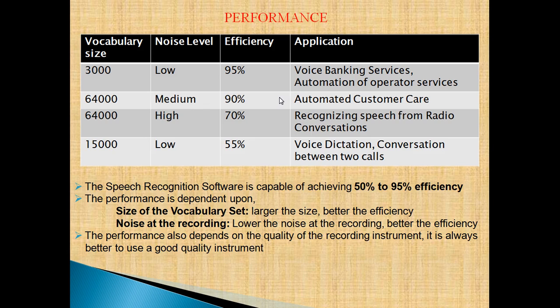Using large vocabulary sizes here, we can say that the efficiency for processing the data from radio conversation is pretty bad, even with a large vocabulary size, because there's a lot of noise between commercials, crosstalk between the announcers, etc. So that gives us bad efficiency for radio conversations, and we see that it is low.